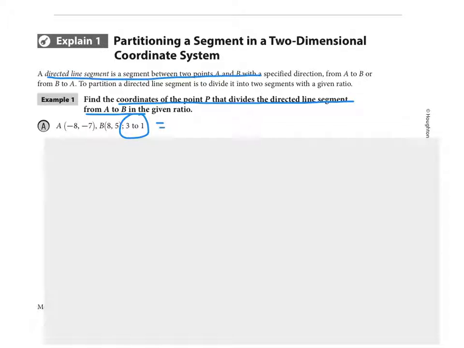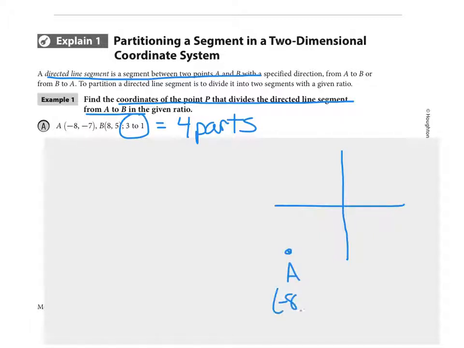So we see here that there are 4 parts. This first point down here would be about, let's say, A at -8, -7. And then B is at 8, 5 up here.